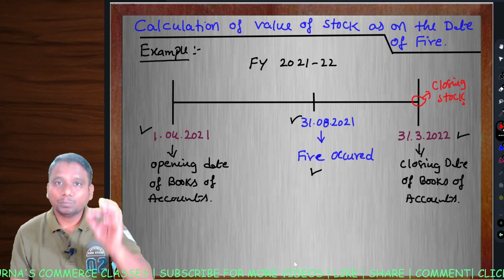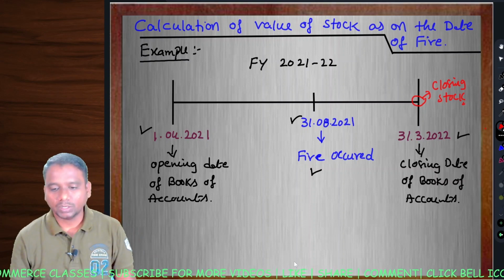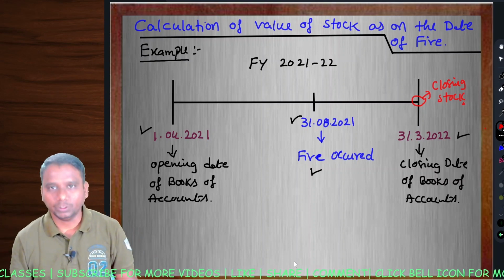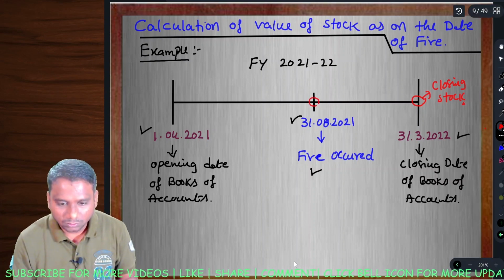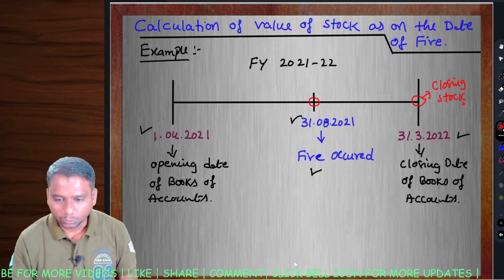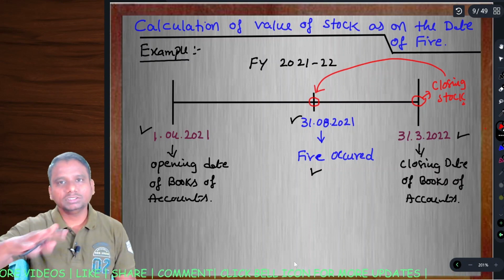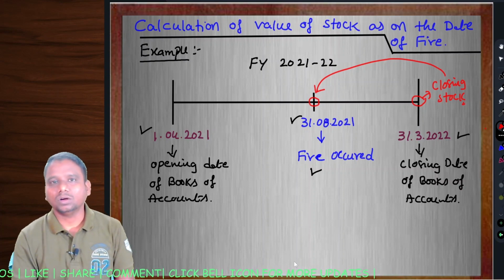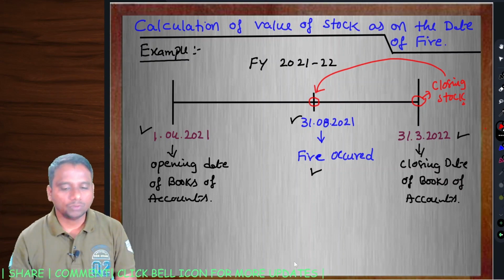Now, whatever procedure you follow to calculate closing stock on 31st March 2022, the same procedure follow on 31st August 2021 also. So if you can calculate the closing stock on 31st August 2021, that is nothing but what? The stock as on the date of fire. Are you able to follow?